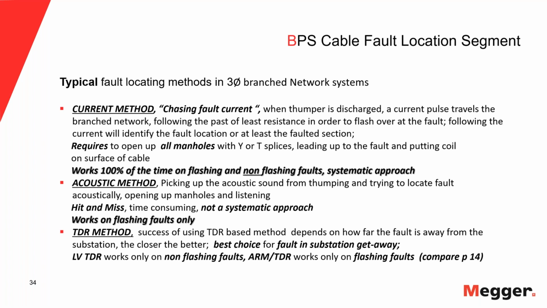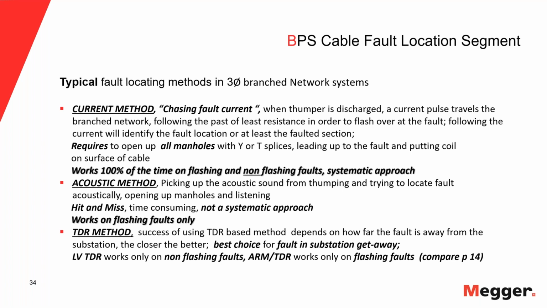And so the idea is, I don't go to every manhole. I go only to the Y or T branches, open the manhole, put my coil on the cable that is incoming to the splice, and make sure I see a signal. That means the signal is still coming into that splice. And then I put it on the two outgoing cables.